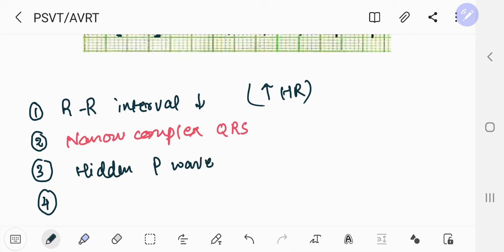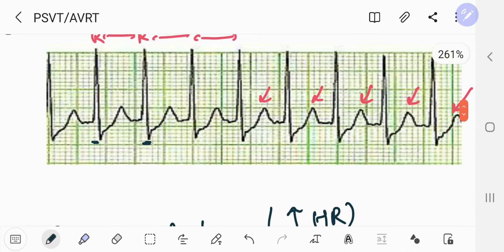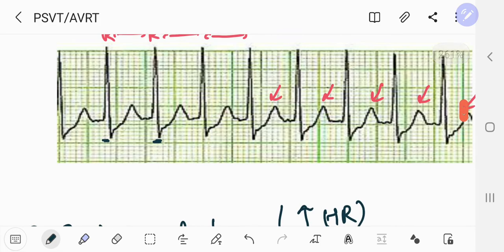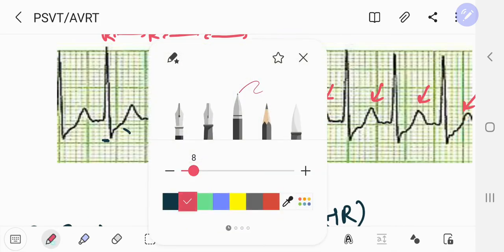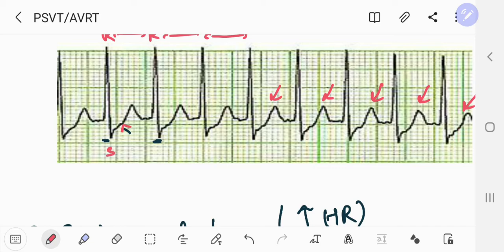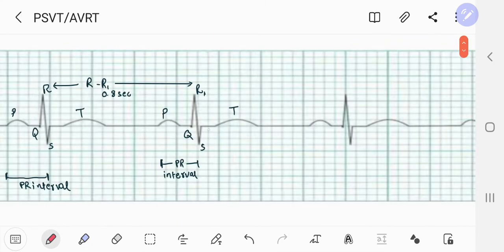And finally, can you appreciate a depression in the ST segment? So this is the ST segment. There is a depression in the ST segment, because a normal ST segment should look something like this.